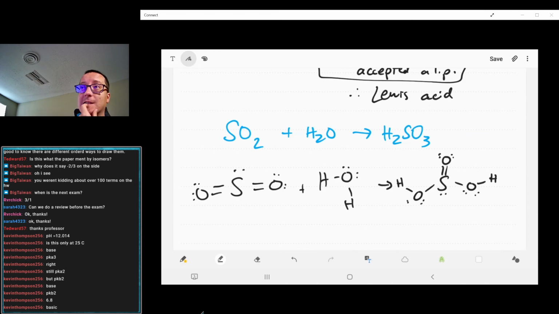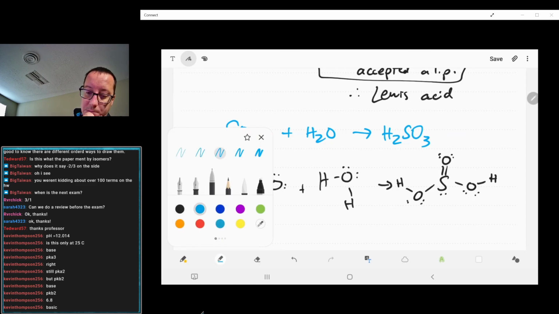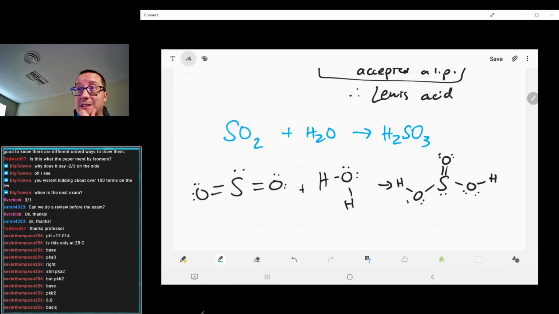One is our sulfur has given a lone pair to oxygen, or oxygen has given a lone pair to sulfur. And we're going to see that it's going to be the second case there. We're going to see that this lone pair is going to be essentially attacking that sulfur.